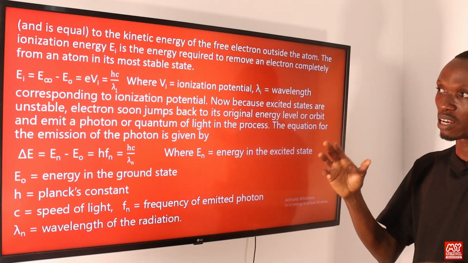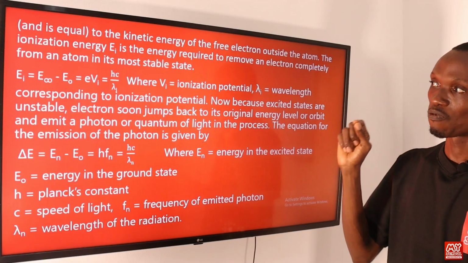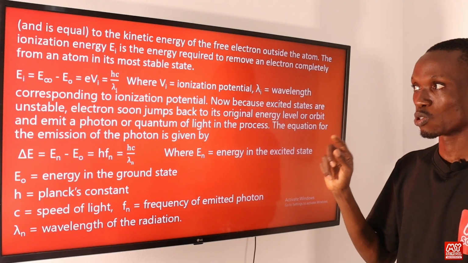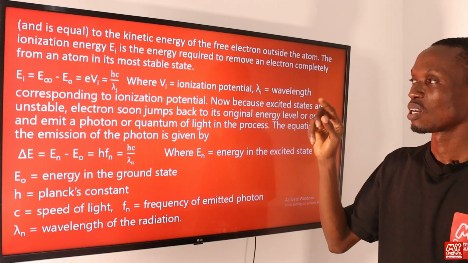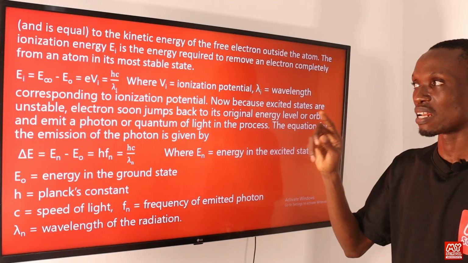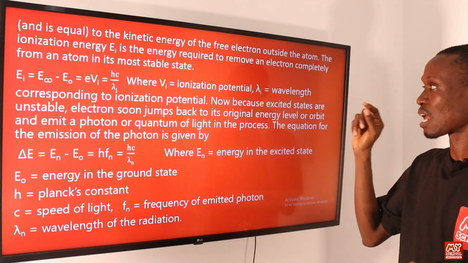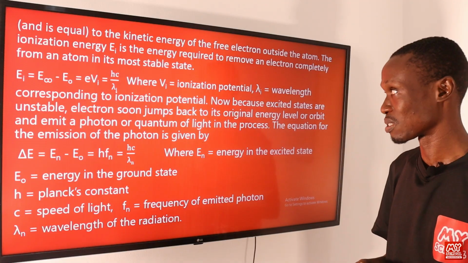So this ionization energy is given as E infinity minus E naught, equals e V_I, and this is also equals hc over lambda_I, where V_I is the ionization potential, and lambda_I is the wavelength corresponding to the ionization potential.